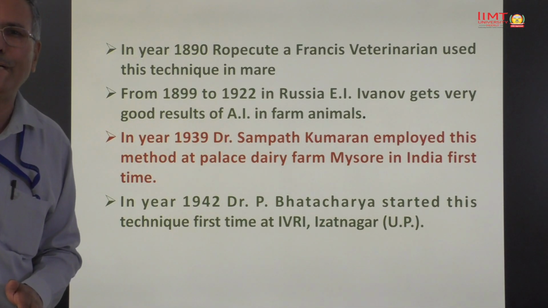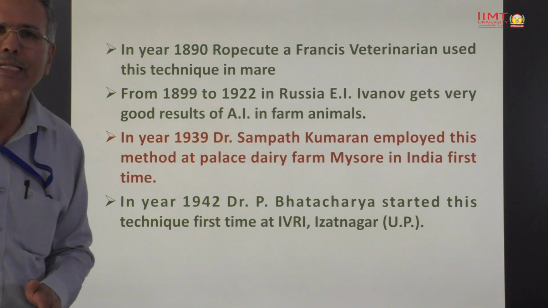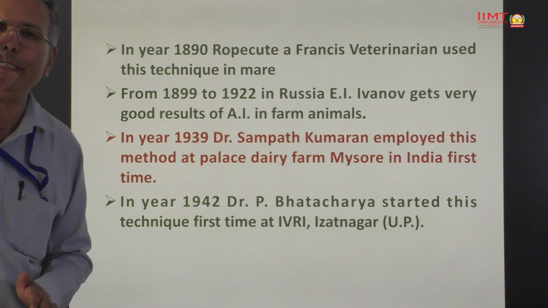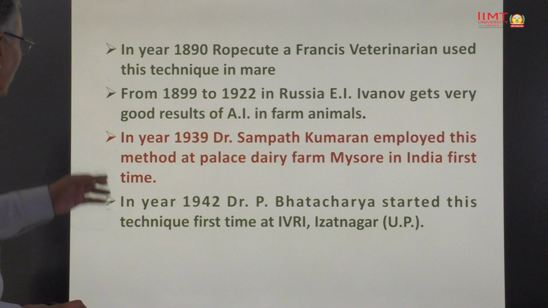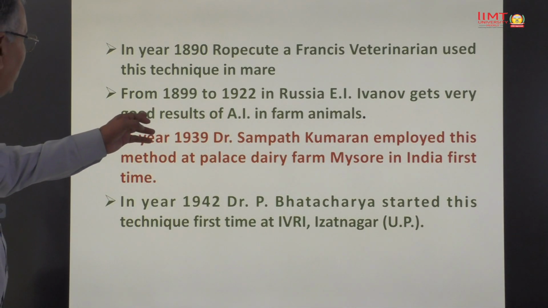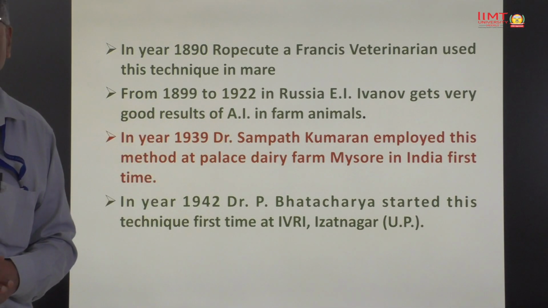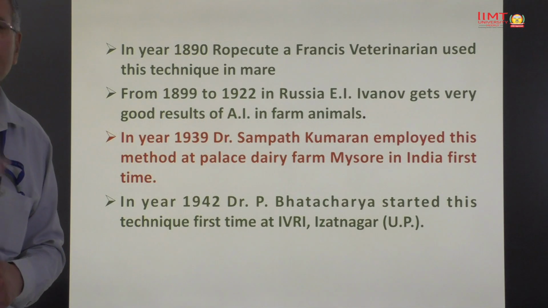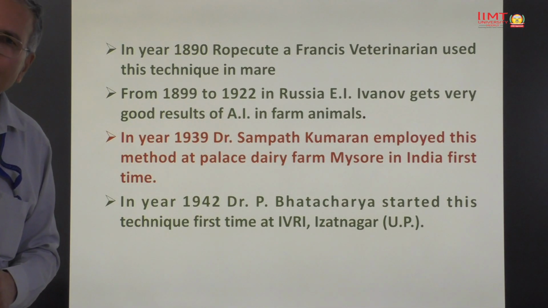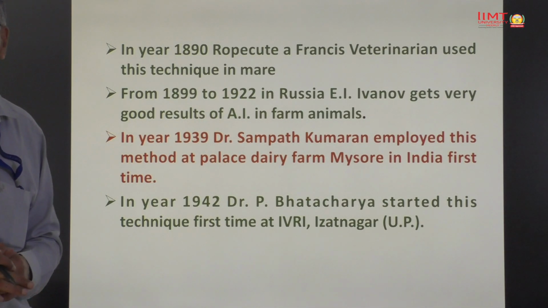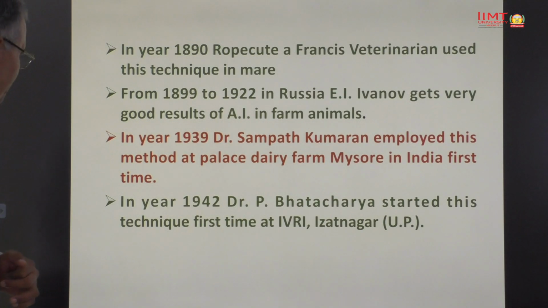AI was started for the first time in India in 1939, and Dr. Sampath Kumaran did AI in cattle for the first time in India.